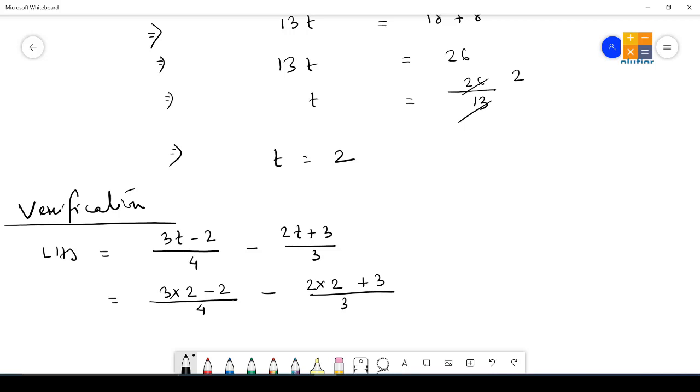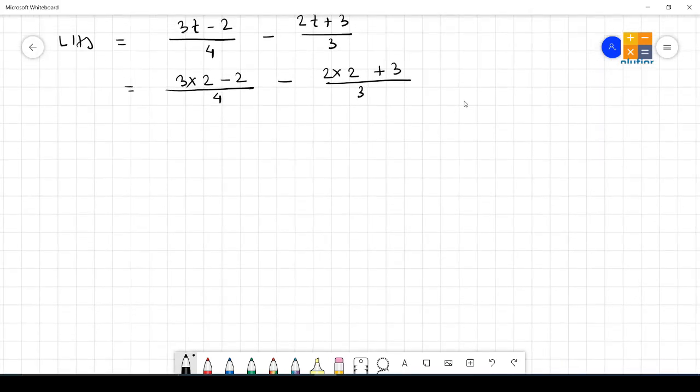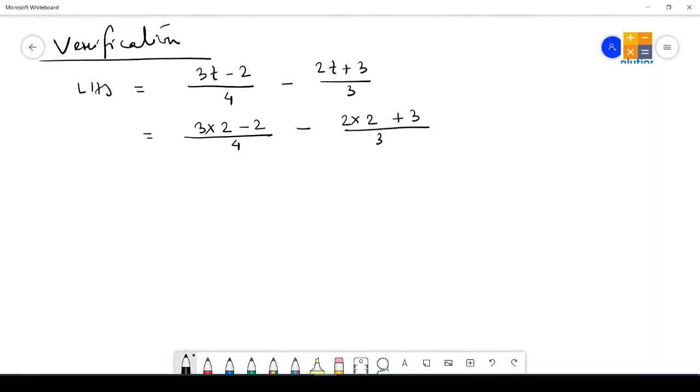So after this, in the next step, after simplification, I shall be getting 6 minus 2 by 4 minus 2 2s are 4 plus 3 divided by 3. My conclusion will be 4 by 4 minus 7 by 3. 4 got cancelled, the result comes as 1.